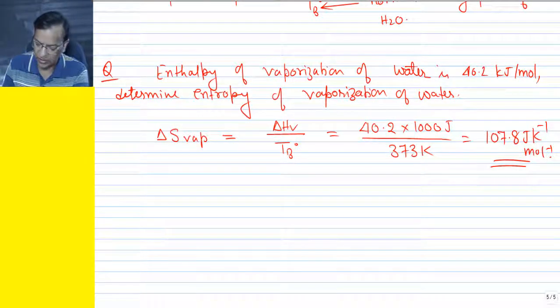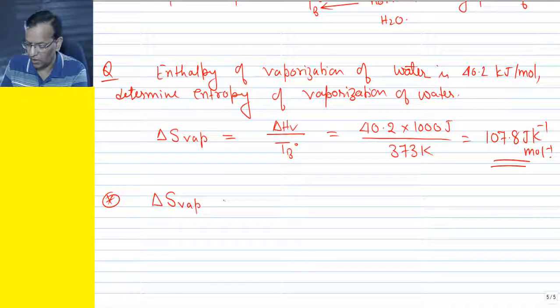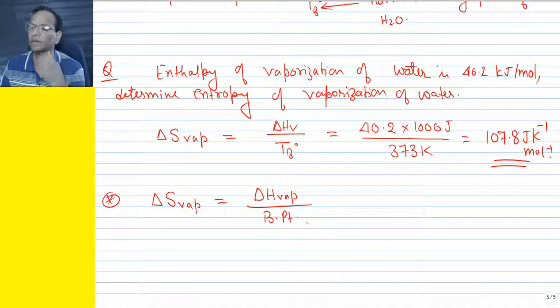and that will be true for any liquid. So now we can say that entropy of vaporization of any liquid is equal to enthalpy of vaporization of that liquid divided by boiling point. This is not true only for vaporization, boiling.